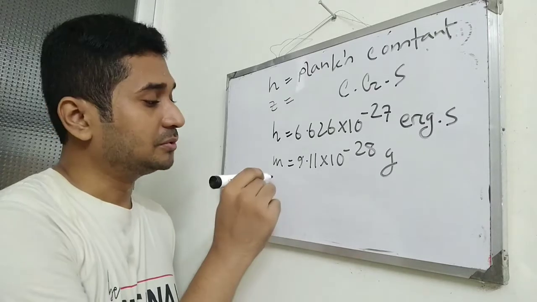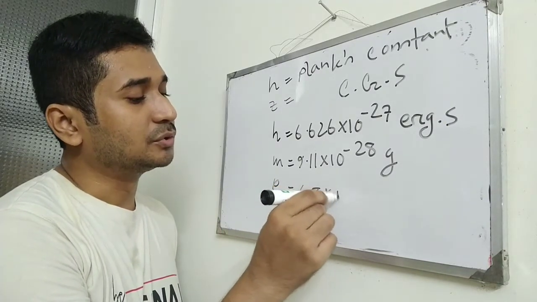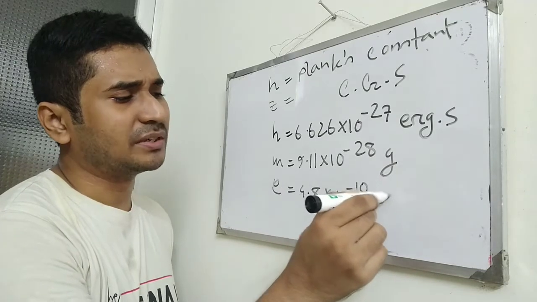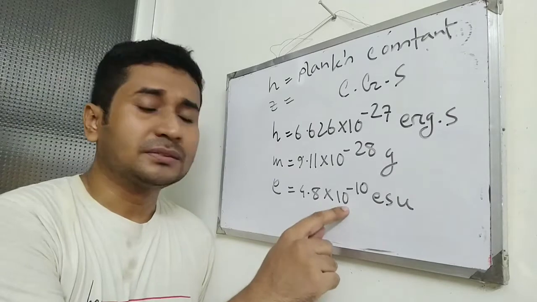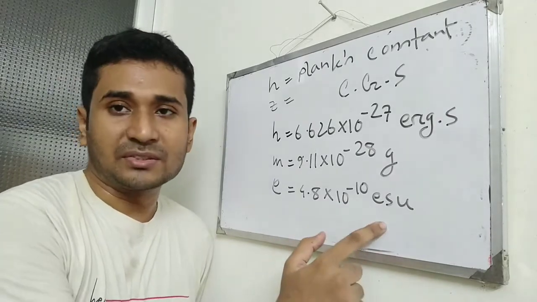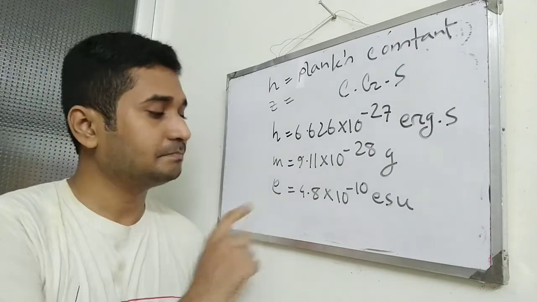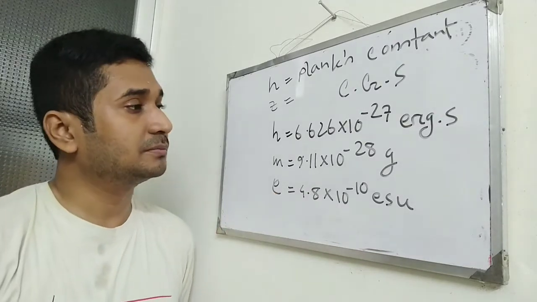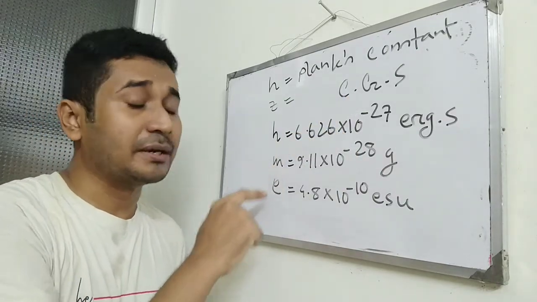It's familiar to you. And the charge of electron is 4.8 into 10 to the power minus 10. You can say it's not familiar to you. 4.8 into 10 to the power minus 10 is in electrostatic unit. ESU means electrostatic unit, which is the value of e, the charge of electron. So these are the values of h, m and e according to the CGS system.